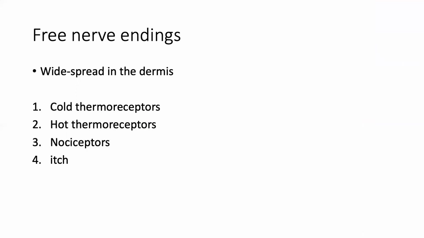Free nerve endings, as I said, are widespread in the dermis. With these free nerve endings, we pick up temperature changes. For cold temperature, we have cold thermoreceptors, and for heat and hot temperature, we have hot thermoreceptors.